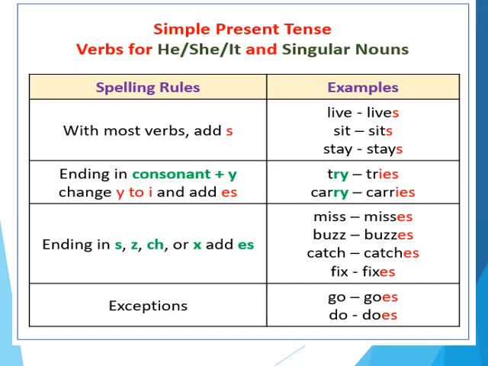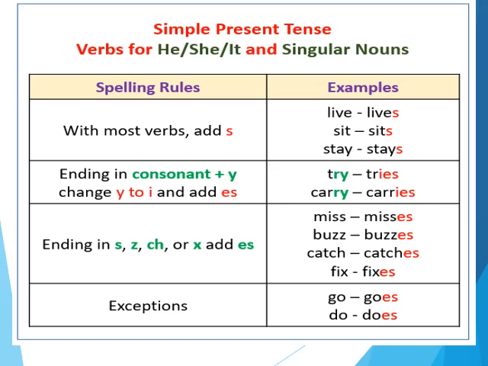In this verb, there is a vowel A before Y. Hence, we don't drop Y but just add S. Now let me give you one more example. Buy. B-U-Y, buy. In this verb, again, we have the vowel U before Y. And so, we don't drop Y but just add S to the word buy and we write it as buys.